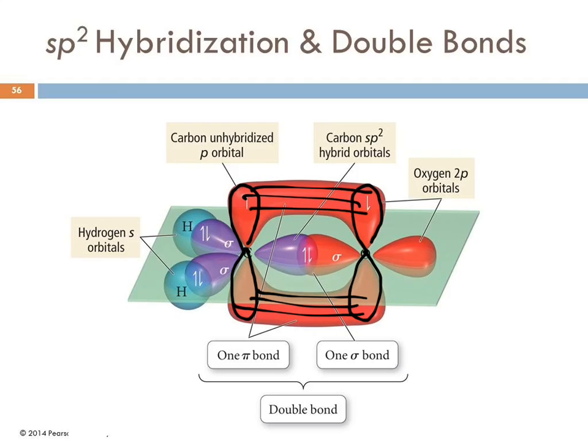Let's draw that maybe in bright yellow. There's the bond axis. This bond is symmetrical around this axis. This bond is not. There's a piece up here and there's a piece down there. So that's a sigma orbital and this is a pi orbital. I'm sorry, pi orbital. Putting the wrong thing. Pi orbitals overlap side to side and sigma overlap end to end.